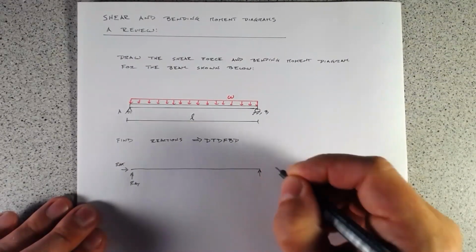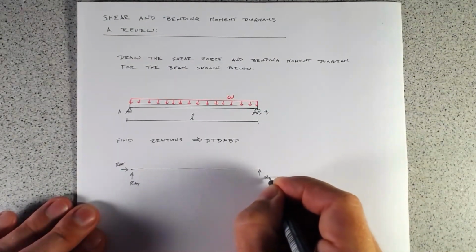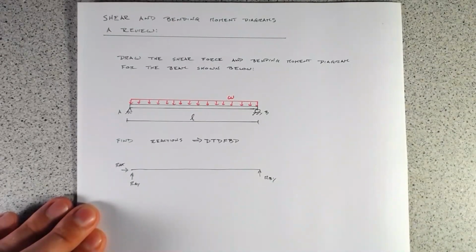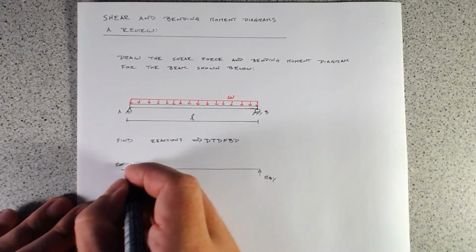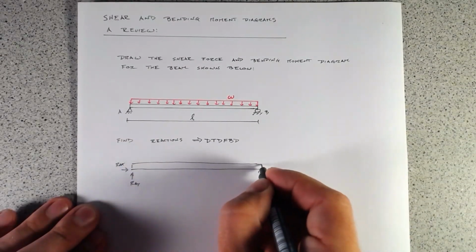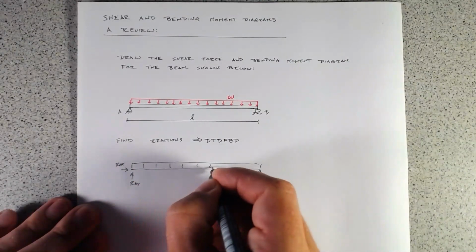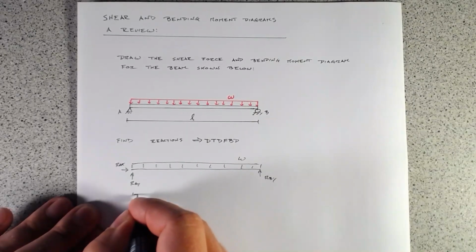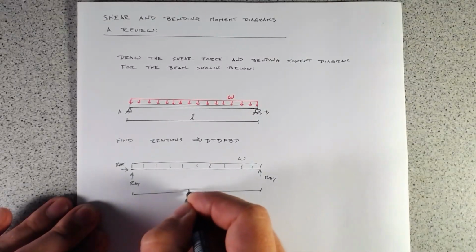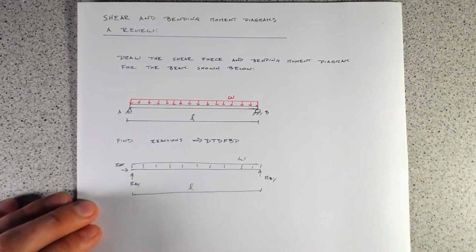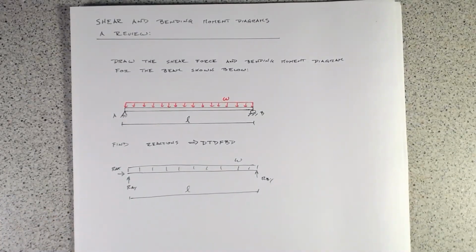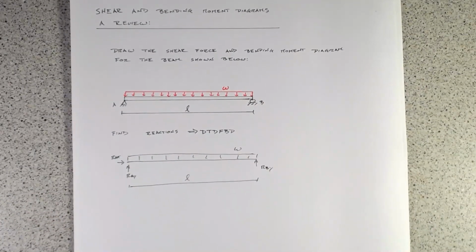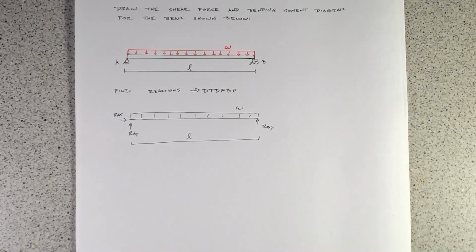And we have our reaction at B, RBY, and we have our load W and our distance L. So now that we've got a free body diagram, let's use statics and equilibrium and solve for these reactions.